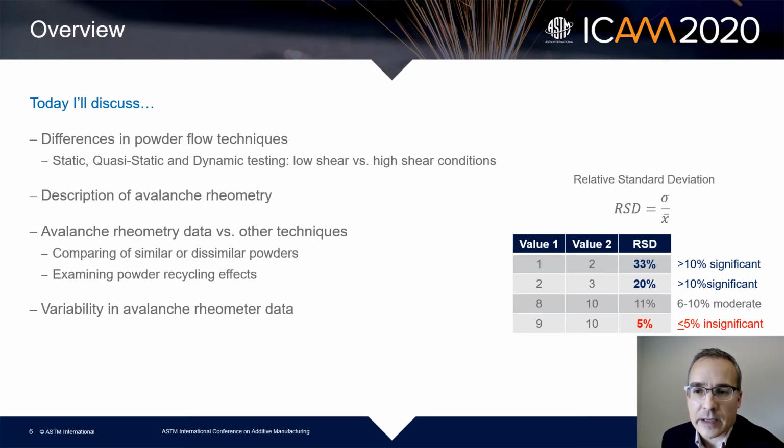And I do this because I'm comparing a lot of different techniques with a lot of different units, and RSD is a simple way just to show relative differences in numbers of different magnitudes. And I've also arbitrarily chosen 10%, anything greater than 10% suggesting a significant effect, and at the same time, anything below 5% being somewhat insignificant. But again, those definitions are arbitrary.